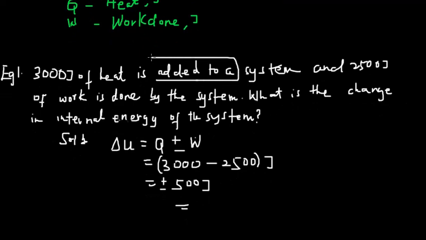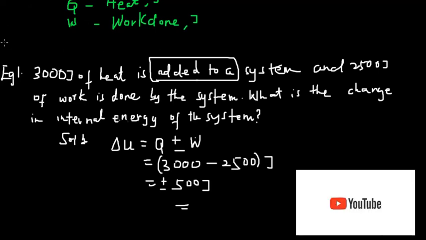So we are substituting this for this. Another question: 300 joules of heat leaves the system, and then 2500 joules of work is done on the system.